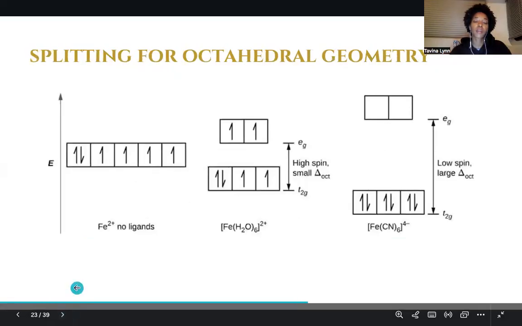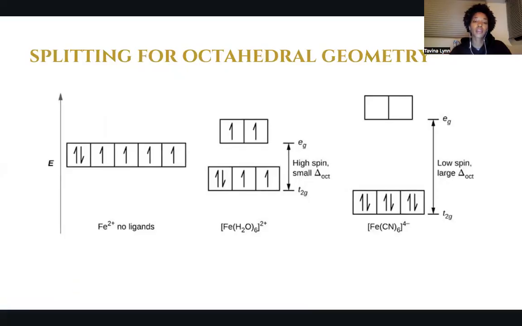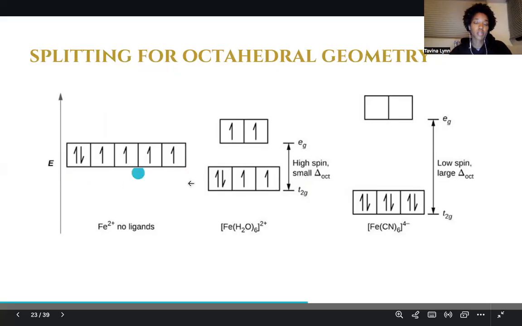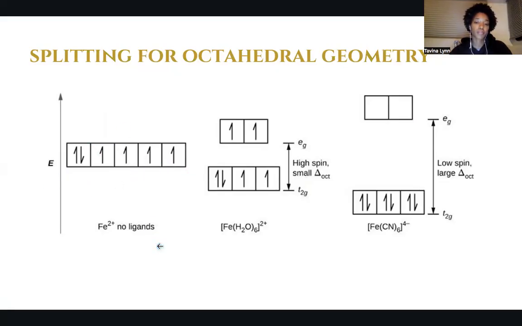All right, so let's just summarize what we just looked at. Crystal field splitting, specifically for the octahedral geometry, right? If we have no ligands, all those d orbitals are degenerate. Electrons fill in according to Hund's rule. If we have a weaker field ligand, we're going to have a smaller crystal field splitting, and the electrons are going to fill in all of the T sub 2G and E sub G orbitals before pairing.